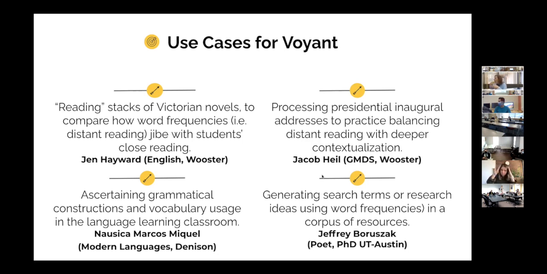But here, the suggestion is that one can do research and gather some preliminary resources, dump textual versions of those resources into Voyant, and see what the word frequencies reveal about other possible topics, other possible avenues for research, either search terms or even honing your own research ideas. So those are just a few use cases, and we'll look forward to hearing more about your use cases over the course of the day.